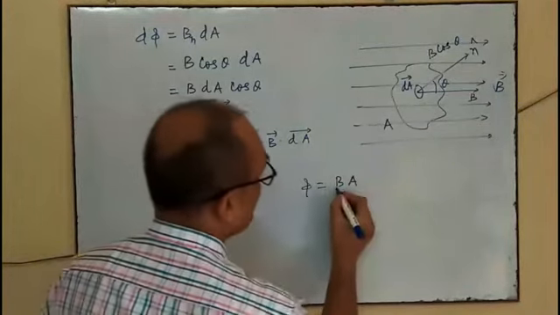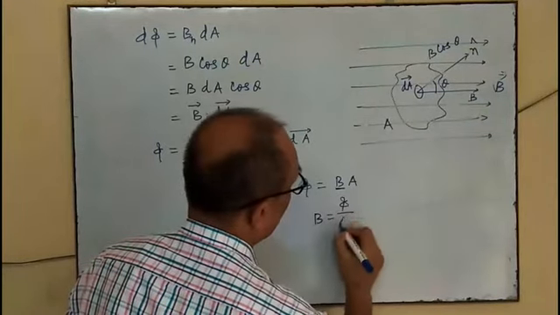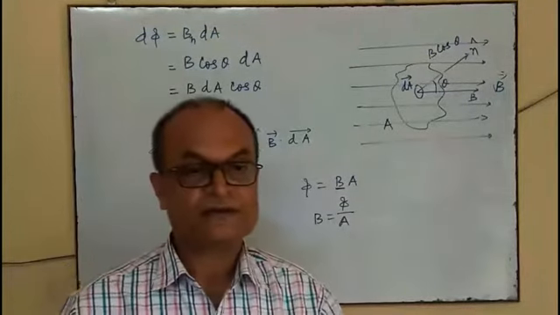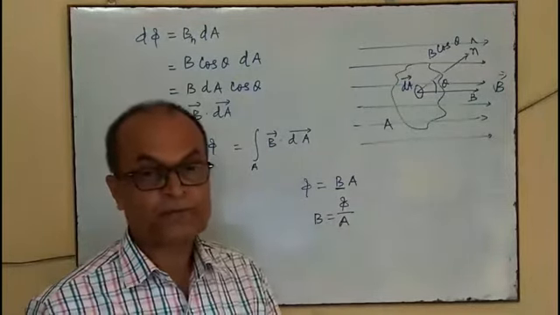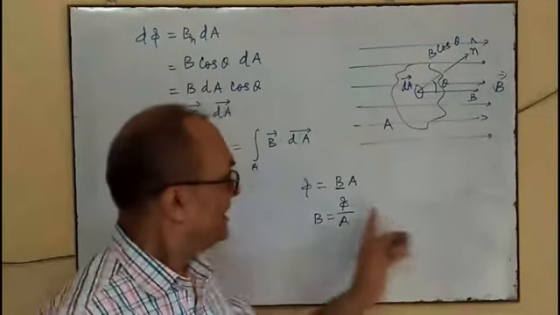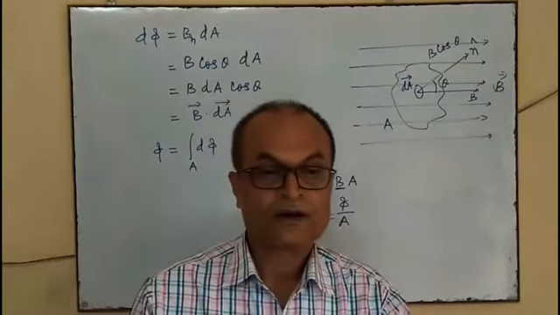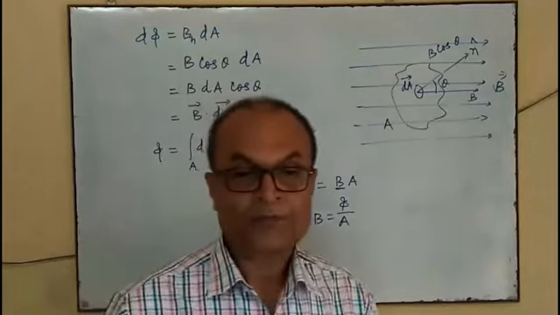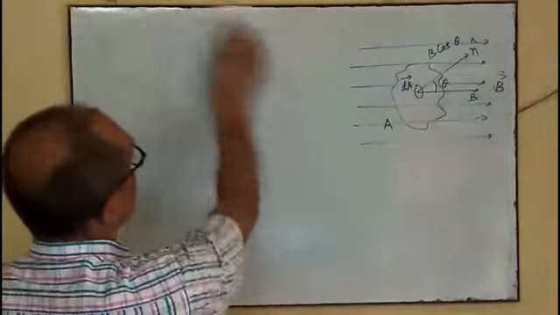The magnetic flux density B equals phi by A. So the magnetic flux density B can be said to be the magnetic flux associated with the unit area of the surface.